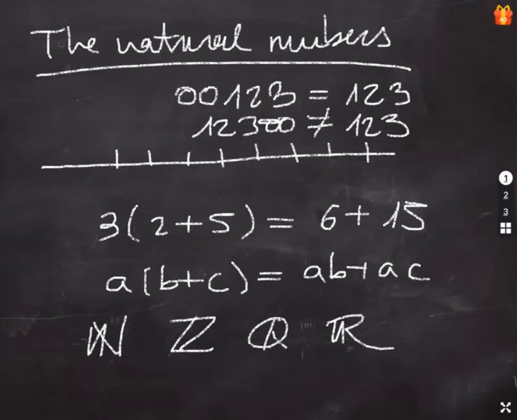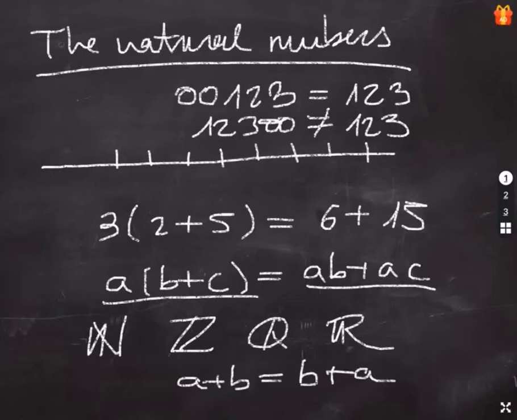Also, as I was saying before, why can we do this kind of thing? Or why is a plus b equal to b plus a? This might sound to you like a joke, but it is not a joke.